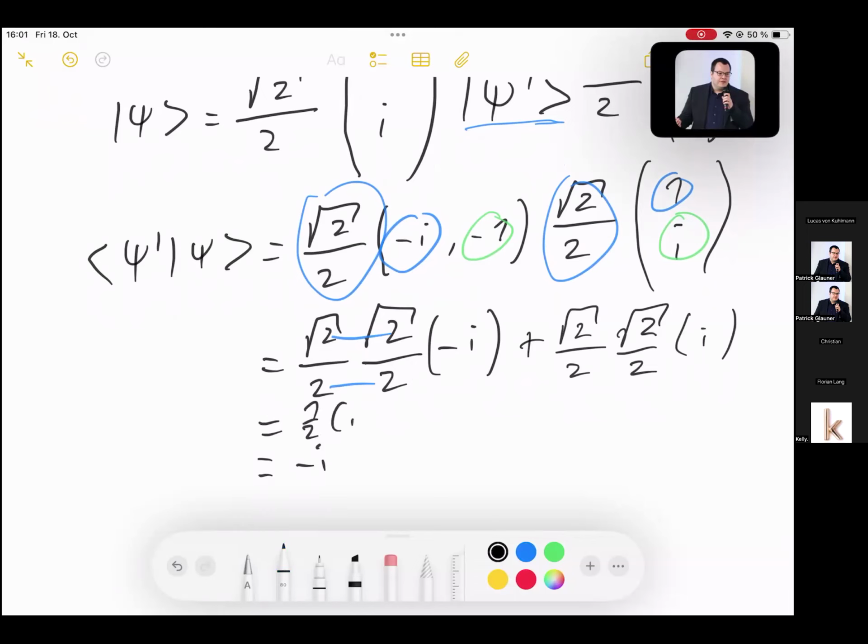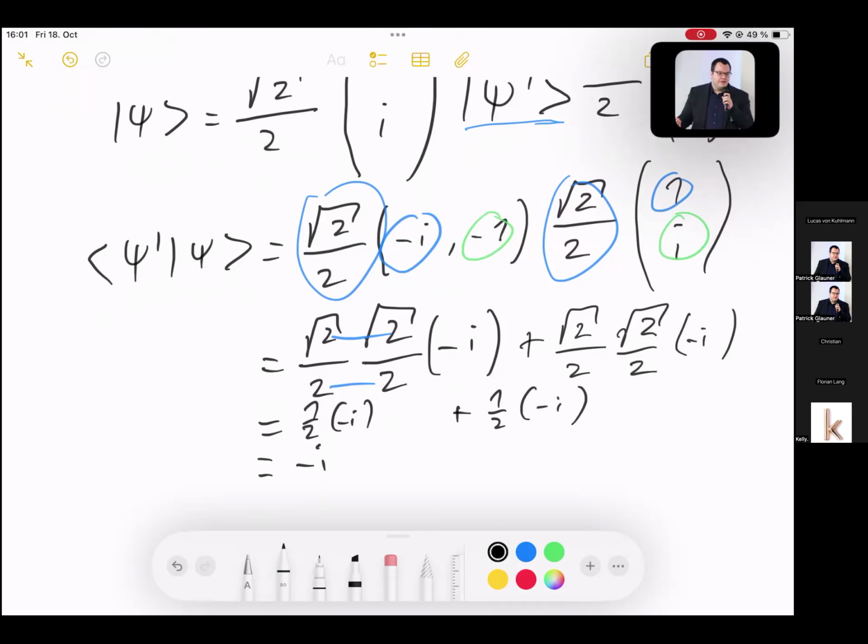So a half minus I. And here the same. This is a minus I, sorry. And we have, again, a half minus I. So it's eventually minus I.